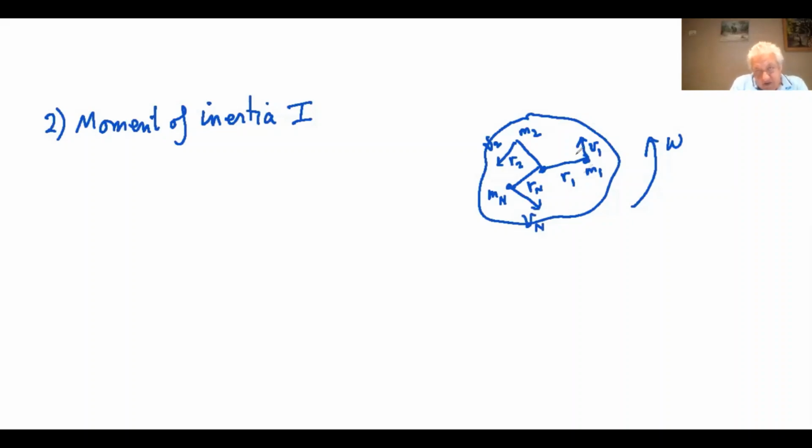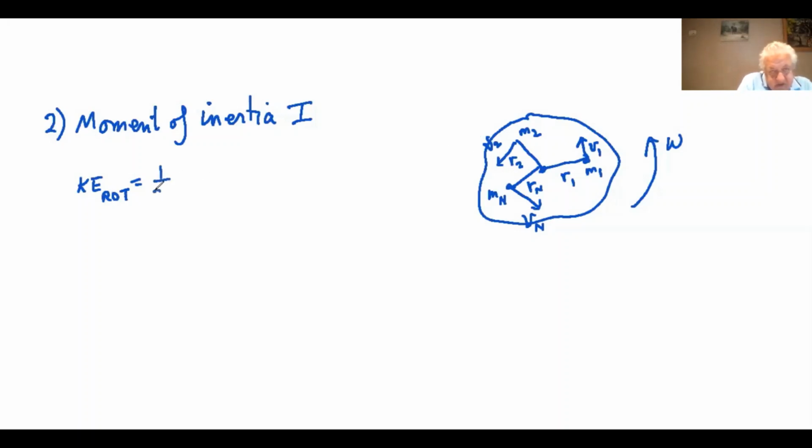Now let me write the kinetic energy for all of these. Basically, add up the kinetic energy for all the particles. And I suppose, for simplicity, we have a number n of particles. It's obviously going to be very, very large, but we only need to consider a few. So my rotational kinetic energy is the energy of all these particles.